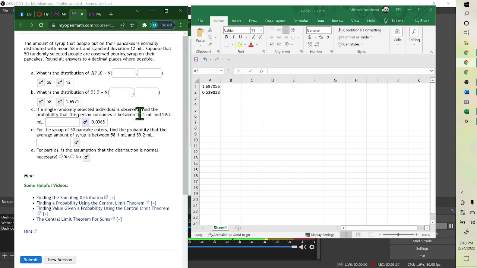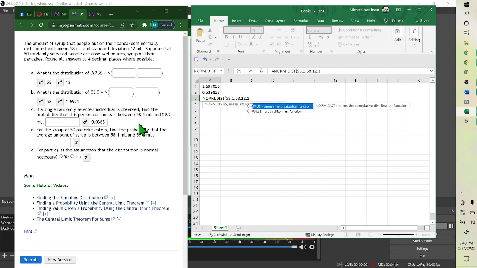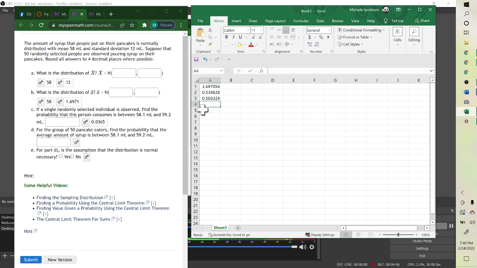We need to do the same thing for the 58.1. So we type equals norm, don't forget your equal sign, and we want normal distribution. Then we put our number, 58.1, comma, this was the single one still, so 58, comma, 12, comma, 1, and hit enter.